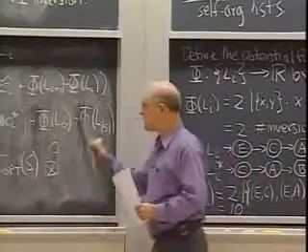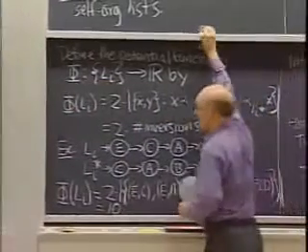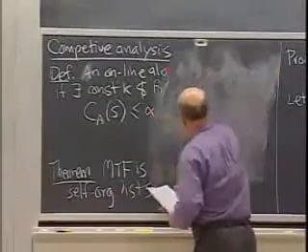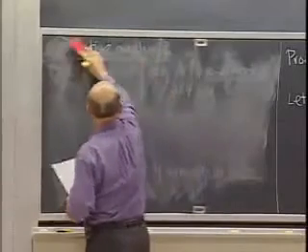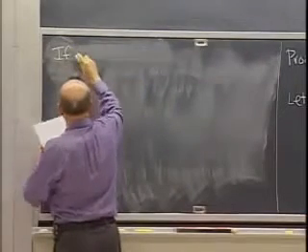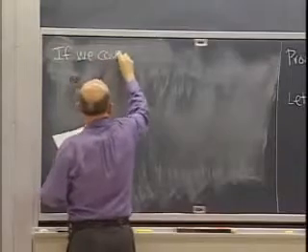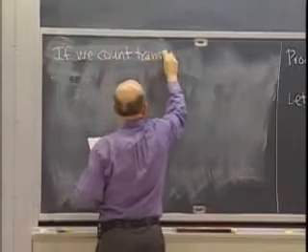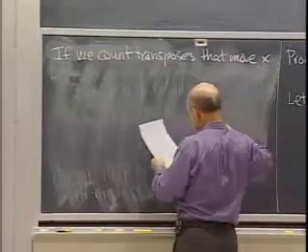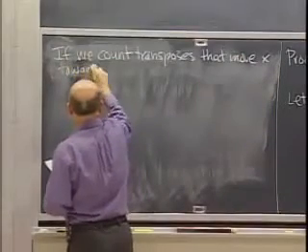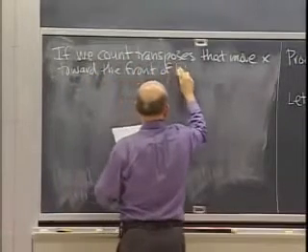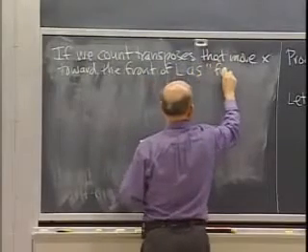Now, it turns out that in the reading that we assigned, Sleator and Tarjan's original paper, they actually have a slightly different model where they count transposes that move an accessed element x toward the front of the list as free.